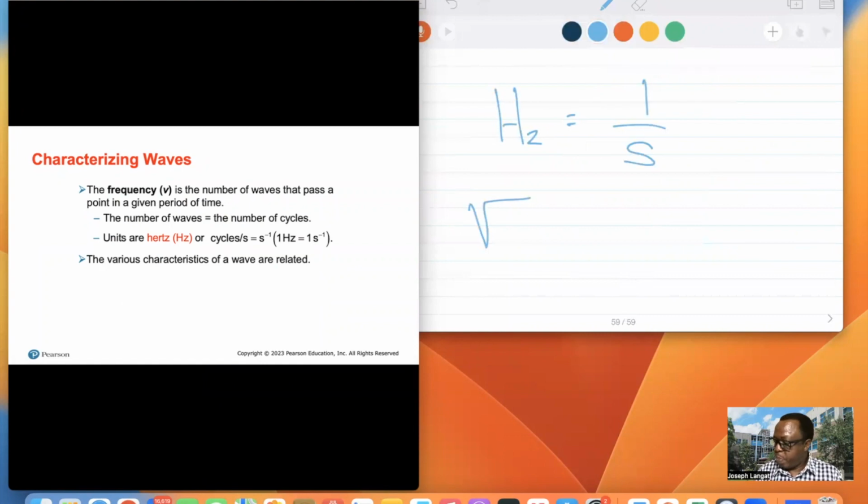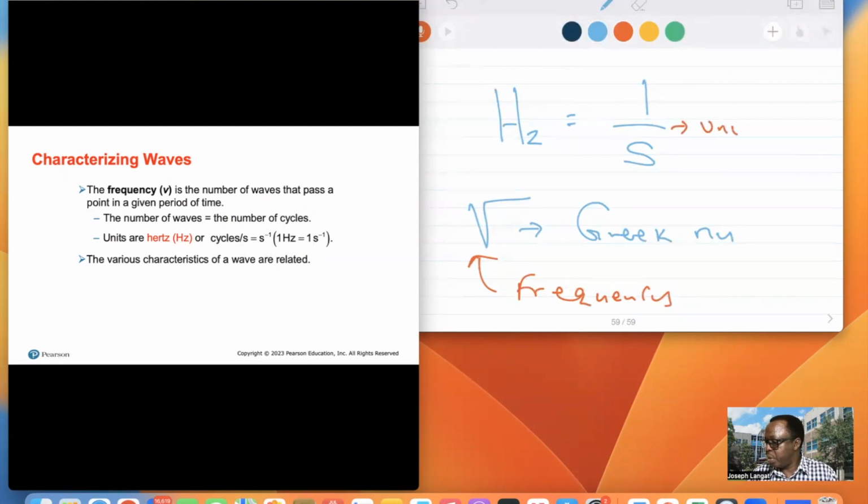It's not phi, but this is the Greek symbol nu, which represents frequency. I want you to go back to section 1.6 in chapter 1 again, so that when you are given the prefixes, you know the numerical value you need to multiply. This is the unit of frequency.